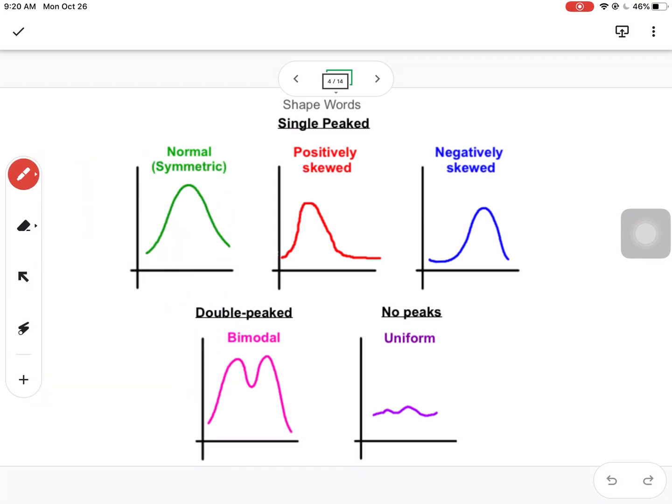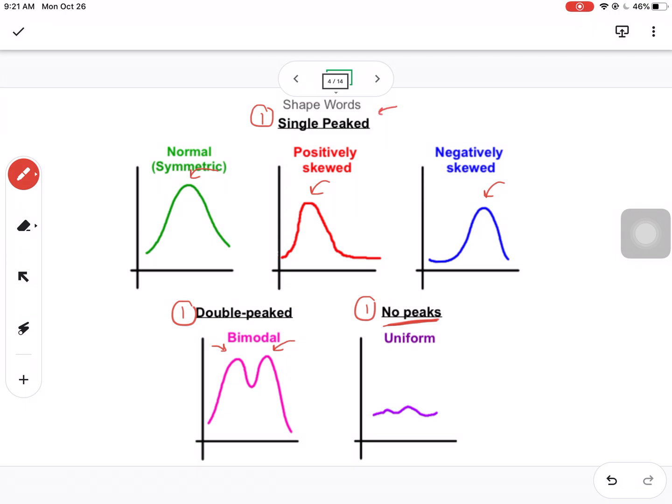So the first thing that you would be doing when you look at this is deciding, is it single peaked, which means it has one highest point? Is it double peaked, which means it has two highest points? Or is it uniform, which means it has no peaks?